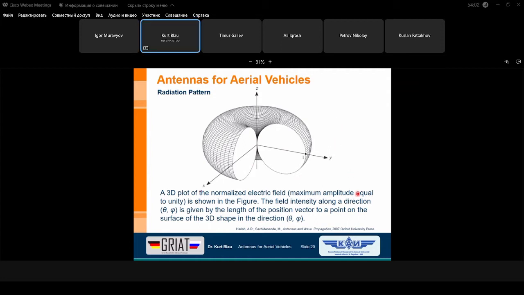And this is again written here. The field intensity along a direction theta and phi is given by the length of the position vector to a point on the surface of the 3D shape in the direction of theta and phi. In every slide you can also find the source of literature.